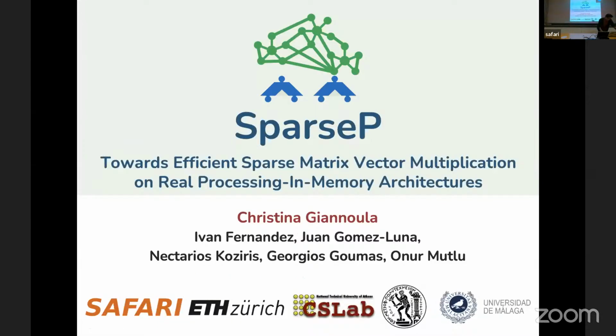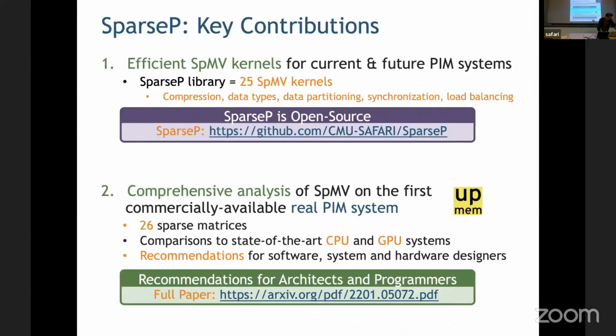And here, a couple of slides about this sparse matrix vector multiplication on real processing in memory architectures. We did a very wide analysis and evaluation of SpMV on this architecture, creating up to 25 kernels with different compression formats. You may know that sparse matrices can be compressed in multiple different ways.